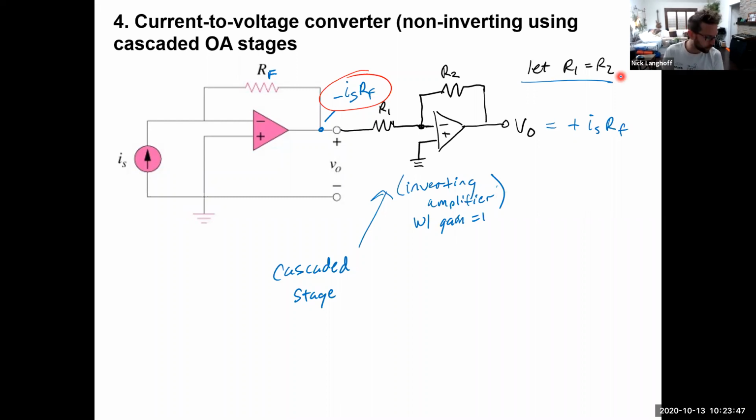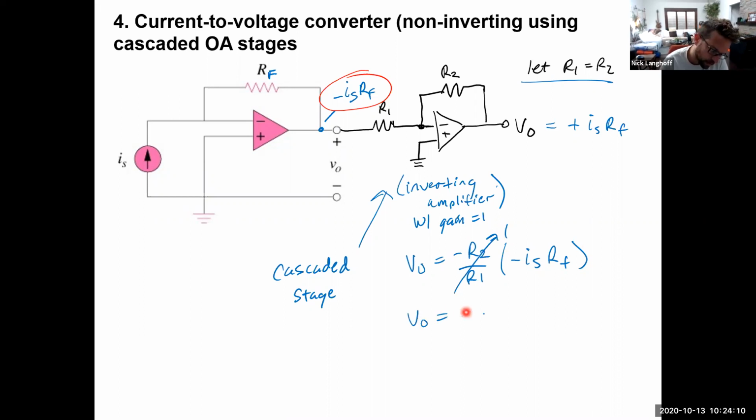So let R1 equal R2. Then V out is equal to minus R2 over R1 times the signal that's feeding it. The signal that's feeding this is a negative IS times RF. And if you let R2 over R1 be 1, then V out is equal to positive IS times RF.